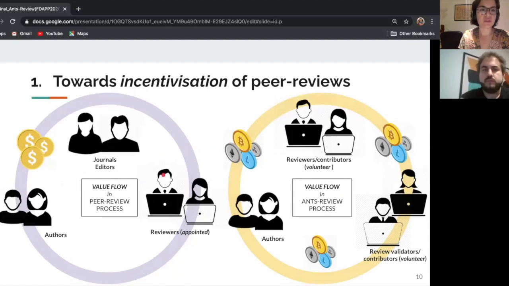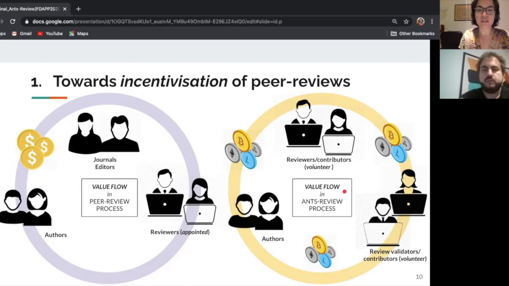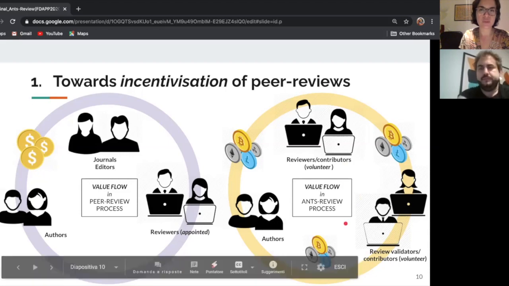In fact, the authors must pay a very high publication fee. However, neither authors nor reviewers are actually retributed for their work. In our system, instead, everyone contributes to the value flow, both in a symbolic way and in a material way. So all the members of the system can be retributed with tokens.